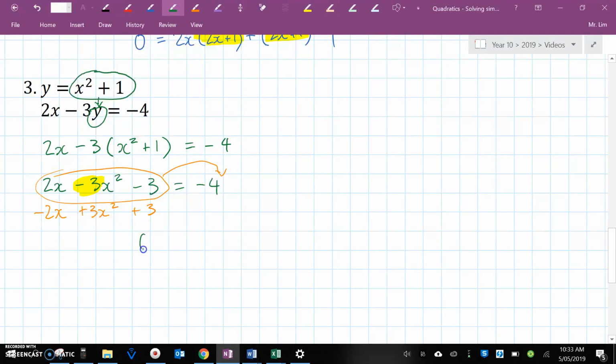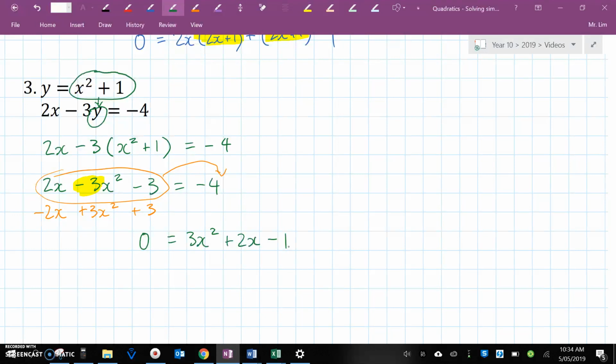That leaves us with 0 on the left-hand side is equal to 3x squared plus 2x minus 1, because minus 4 plus 3 is minus 1.